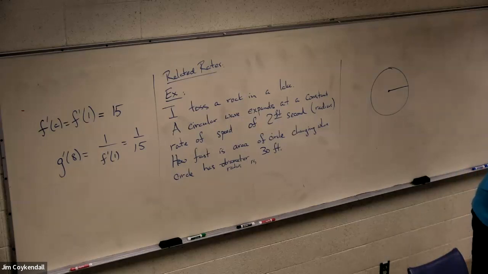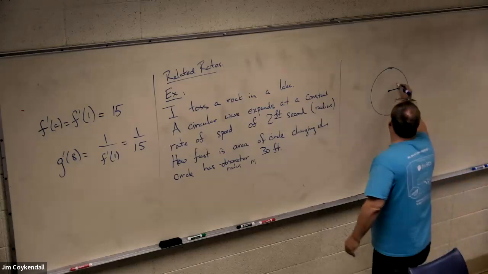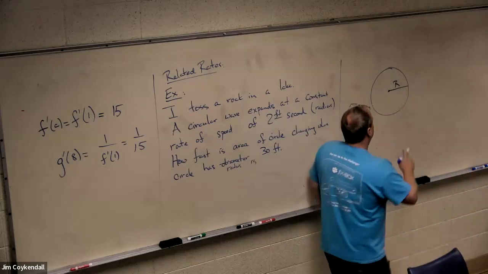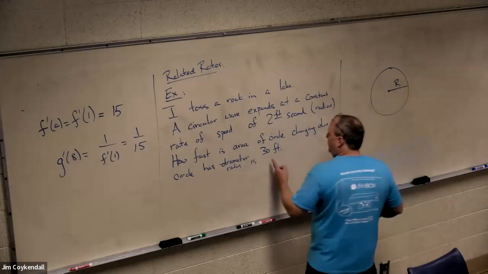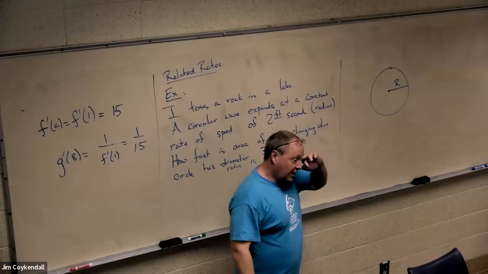No, it's changing. So be careful when you draw your picture. Anything in the problem that changes as the problem evolves, do not give it a number. You can always put in numbers later. We'll call this R, because the R is changing. It is true that we want an answer at a snapshot, but in general the R is changing.